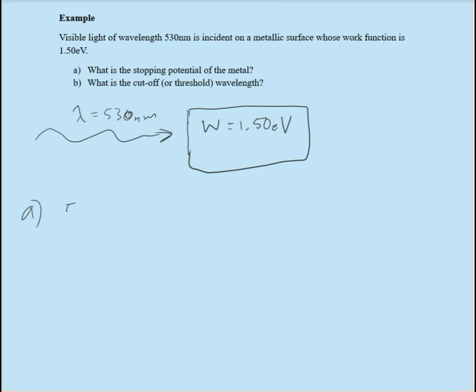So 530 nanometers is 530 times 10 to the minus 9 meters. And if we want to stick to the conventions of scientific notation, we need to shift this comma back, so it becomes 5.30 times 10 to the minus 7 meters.